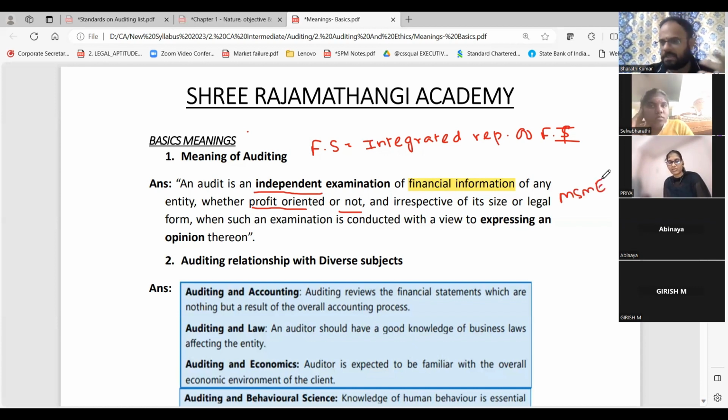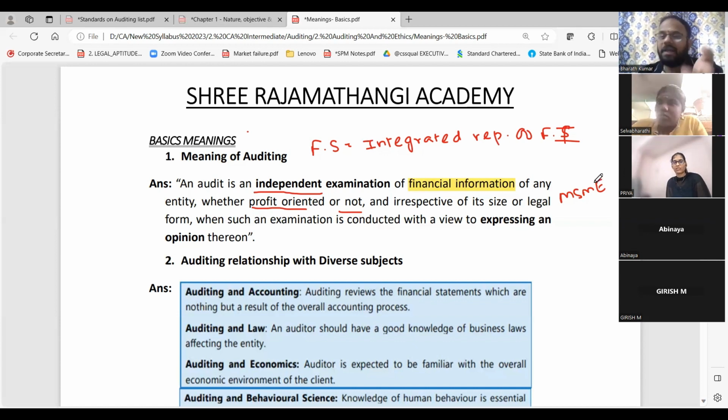It can be big enterprises. We are not bothered about the size, or in what form it is being done. It can be done for any form of business organization. Sole proprietorship, partnership, HUF, LLP, cooperative society, company, it can be anything. For all this, audit is there.